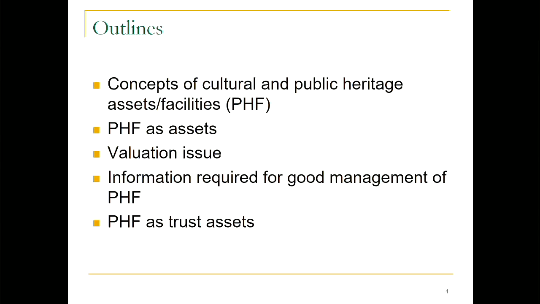First of all, we'll look at the concepts of cultural and public heritage assets or facilities, whether they should be recognized as assets or not, and some of the valuation issues involved. Apart from the valuation and financial information, is there any other information that might be useful for the management of these types of facilities?